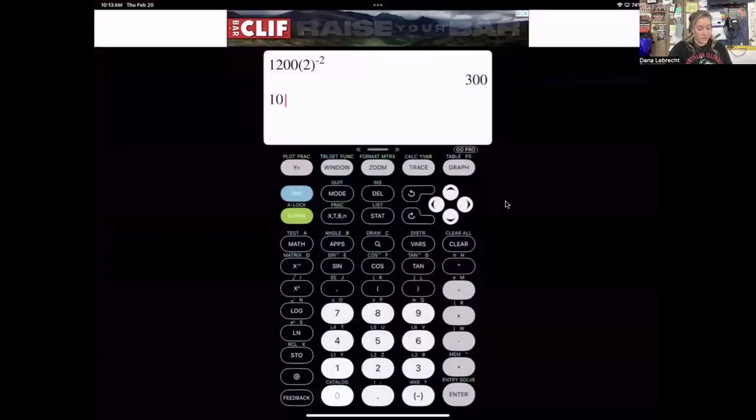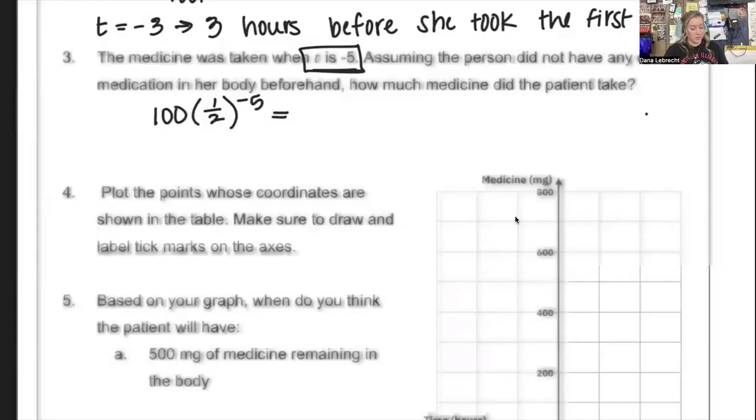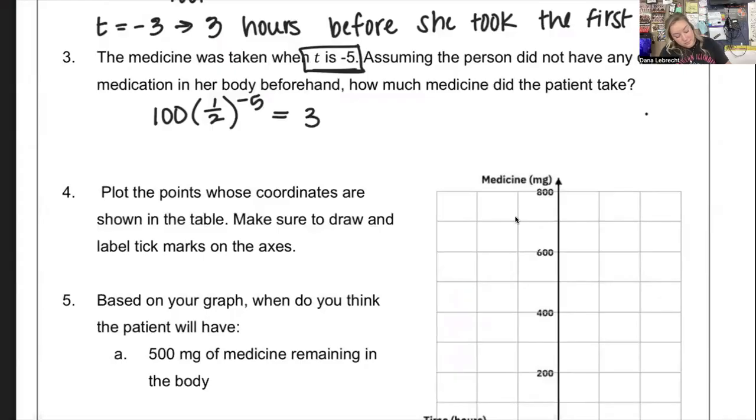And we can type that into our calculator. 100 times 1/2 to the -5. That's our input as the exponent. And that gives us 3,200. And that is milligrams. Okay.